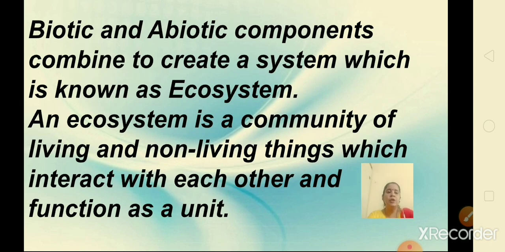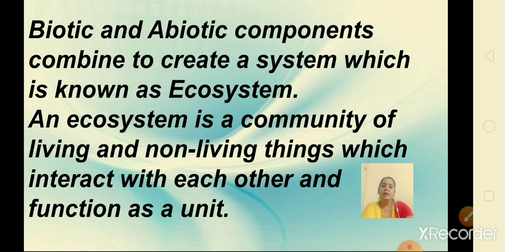The relation between the living organisms as well as the relation between organisms and their surroundings form an ecosystem. In other words, it is a system which is formed by the physical and chemical interaction of living and non-living organisms.